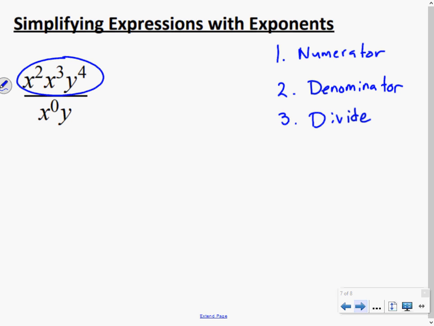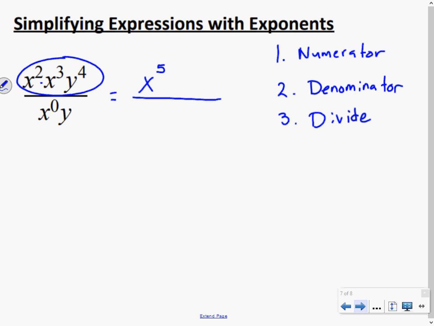So I have x squared times x to the 3rd times y to the 4th. And what I notice is I have two things of the same base that are being multiplied together. Okay, that x squared and x cubed, or x to the 3rd power, are being multiplied. So that means that I can simplify that piece by keeping my same base of x and adding those exponents together.